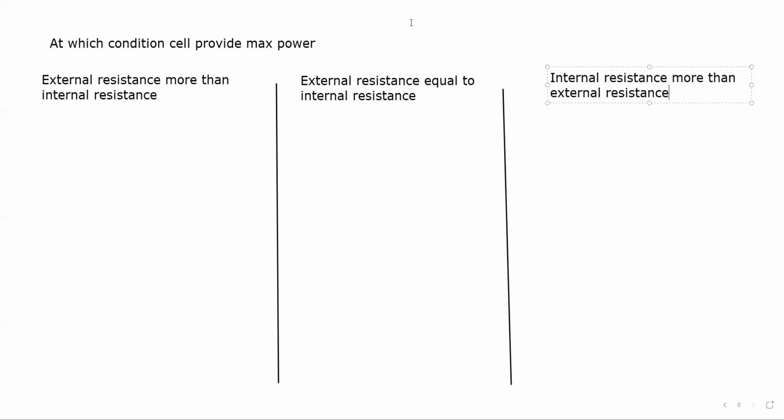So we'll compare the three conditions. In all the cases we will take the same cell. We have a 10-volt supply, because the EMF of the supply is 10. Okay.